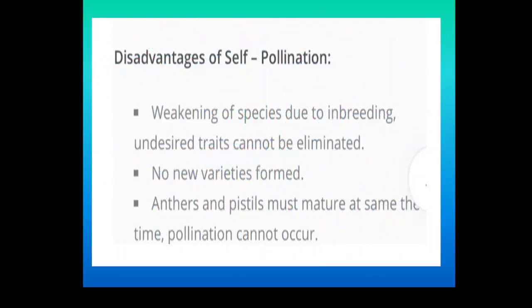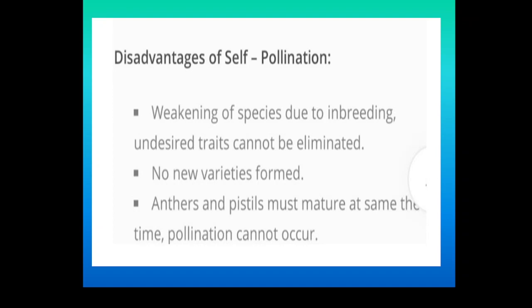Now the disadvantages of self-pollination. Weakening of species due to inbreeding, untreated traits cannot be eliminated. No new varieties. Anthers and pistil may not mature at the same time, so pollination cannot occur. Now, weakening of species means if one species is pollinating the same tree again and again, one after another, the species will start to weaken.